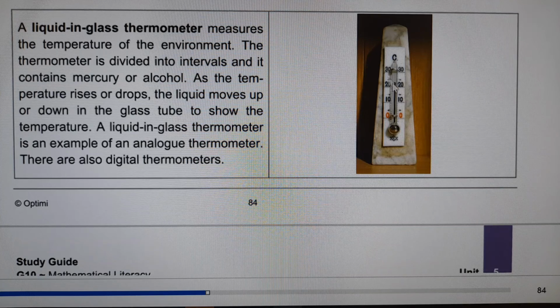So this is the thermometer. Inside this blackish purplish, it's either mercury or alcohol. As the temperature rises or drops, the liquid moves up or down in the glass tube to show the temperature. A liquid in-glass thermometer is an example of an analog thermometer.